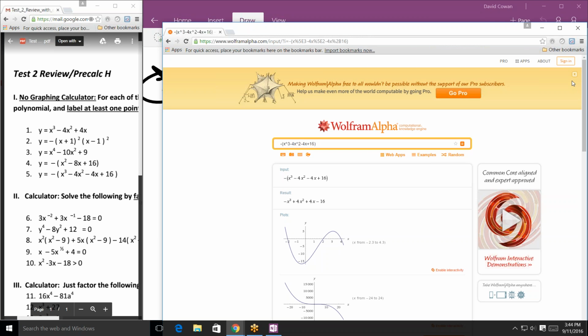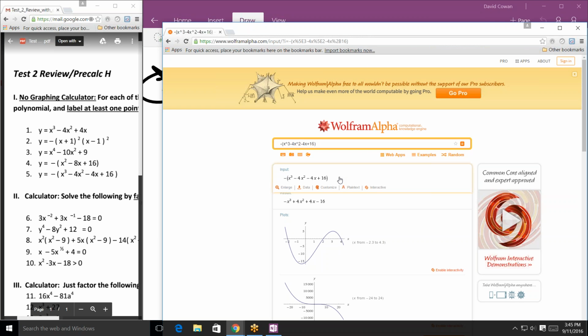The most important thing that Wolfram Alpha does is it shows you the function you typed in. And that's pretty huge because your TI-84 doesn't show that. And it's not that easy to type it correctly. I mean, sometimes if you have a lot of nested parentheses, it's very difficult to type it in.